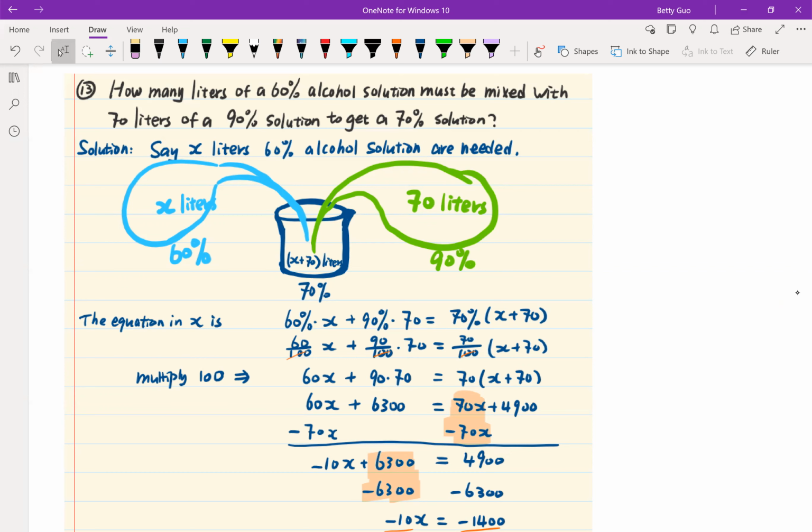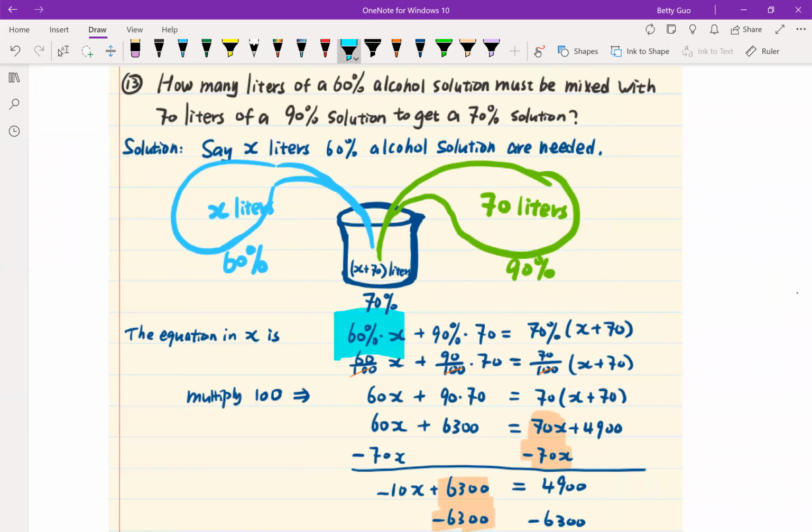Okay, so the alcohol solution has alcohol and water, right? Let's see how much alcohol we have in the blue. 60% times X, that's the alcohol in the blue, how many liters of alcohol in the blue. 90% times 70, that's how much alcohol in the green.